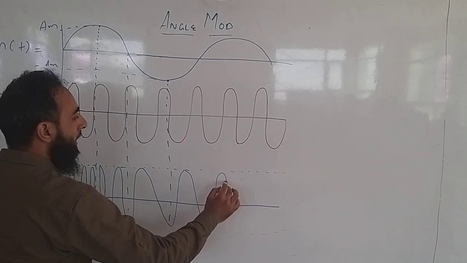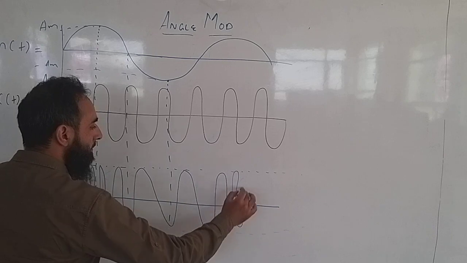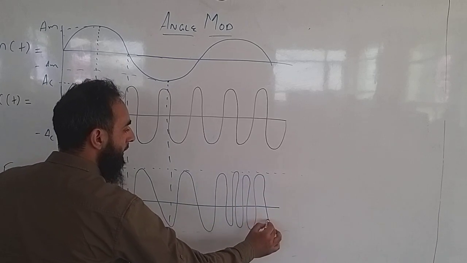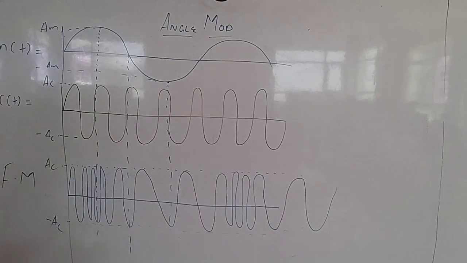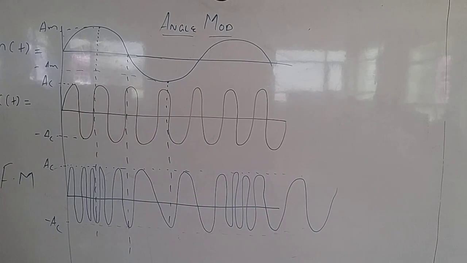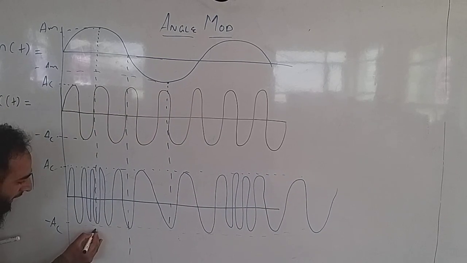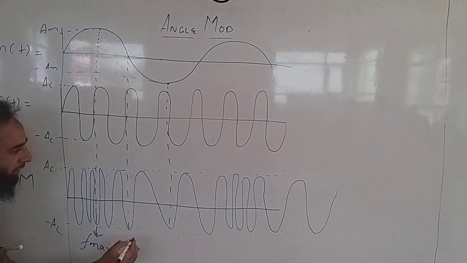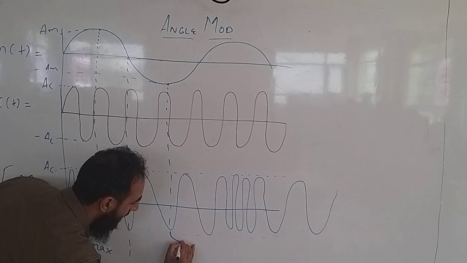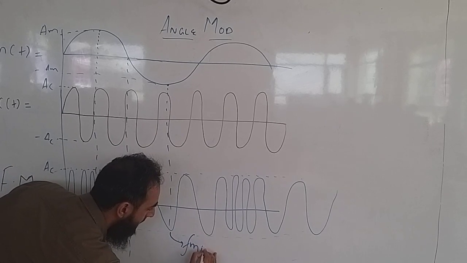It will start again to become maximum and will again start decreasing. So you can clearly see that this point over here is nothing but F max point. This point over here is nothing but F min point.